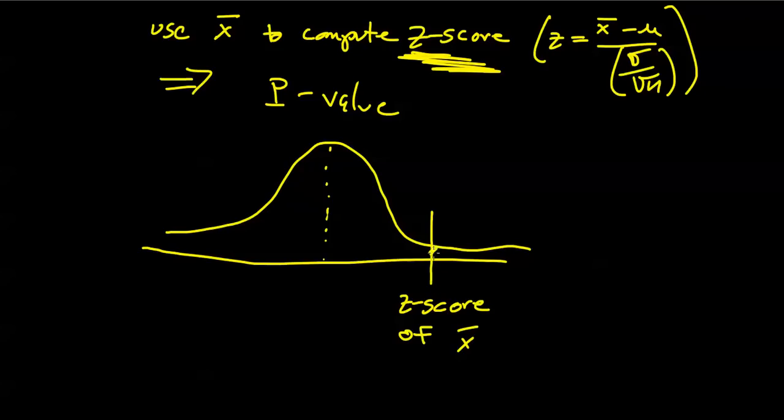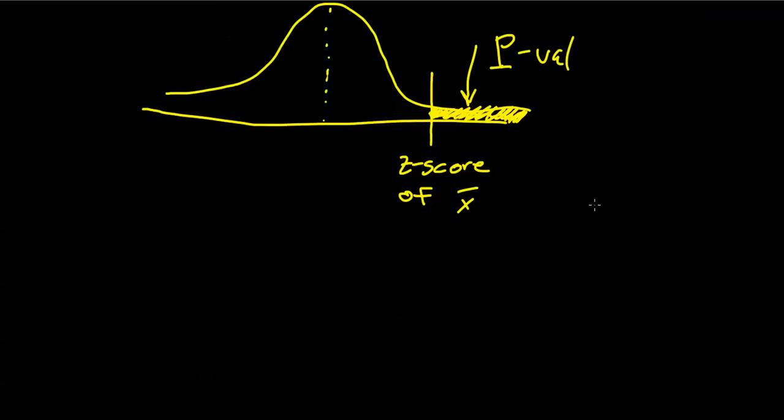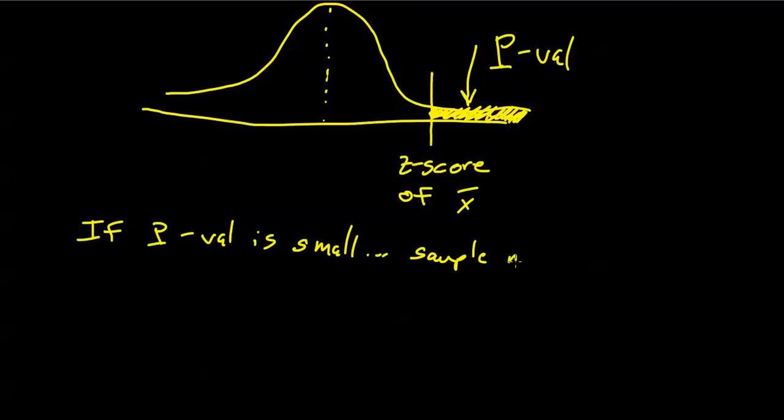A z-score will determine a tail area, and that tail area is called the p-value. Now, as we know, if the p-value is small, well, that means your sample mean data is extreme.